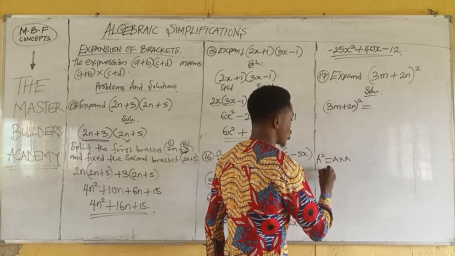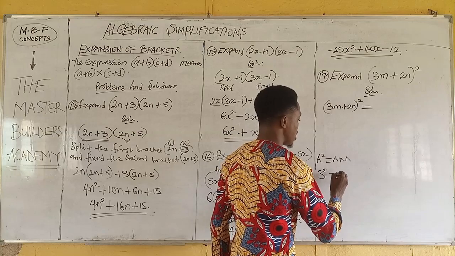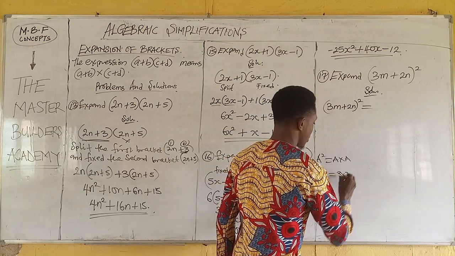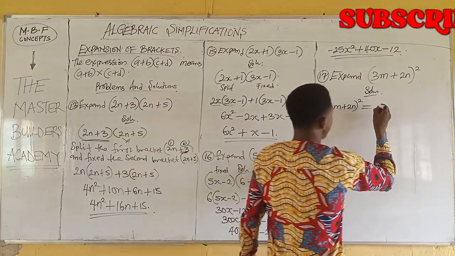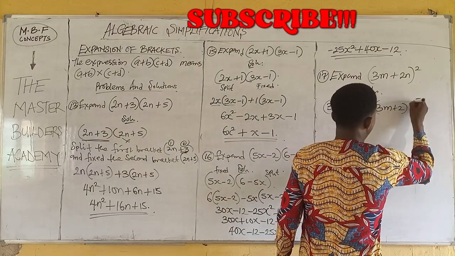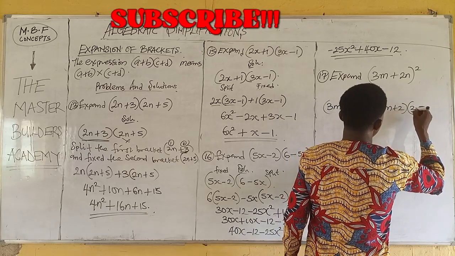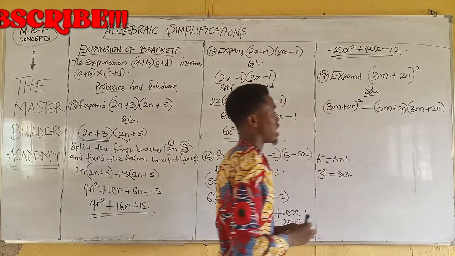If I have 3 raised to power 2, it is the same thing as 3 times 3. Therefore, if I have everything inside this bracket squared, it's still the same thing as (3m + 2n) times another (3m + 2n). This is exactly what we have.